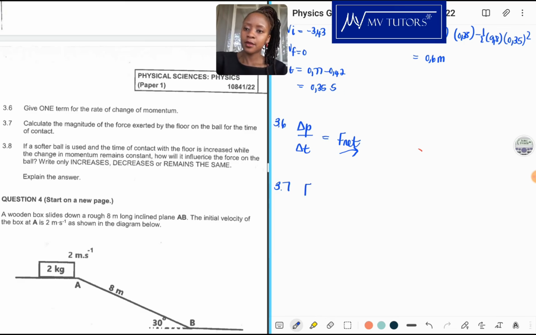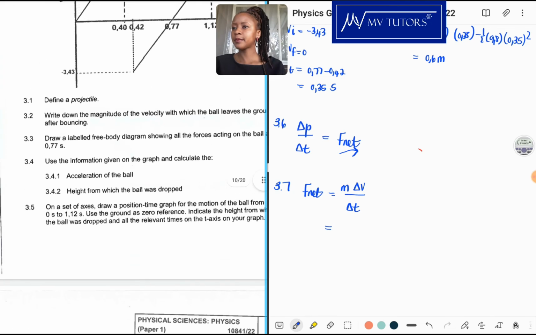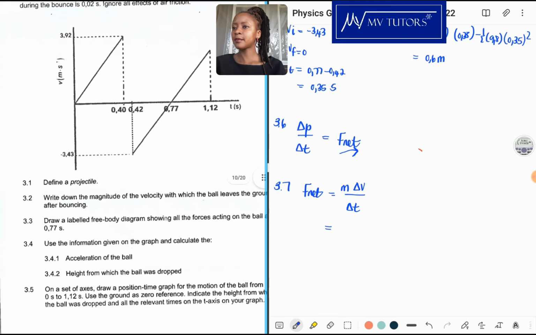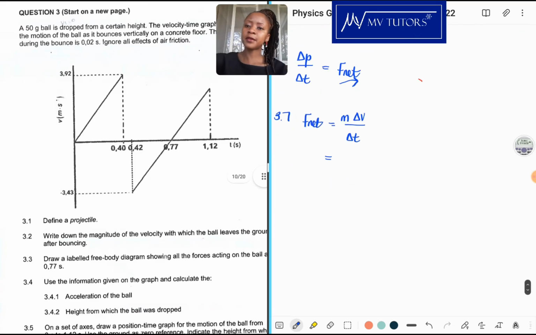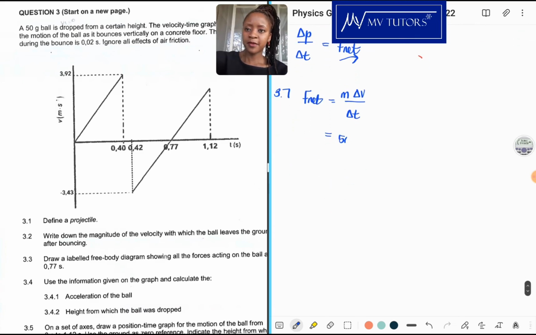So net force would be delta P, and momentum is mass times velocity. So the mass, which is the same, times delta V over delta T. The mass of the ball was 50 grams, so that would be 50 times 10 to the negative 3 multiplied by the change in velocity.